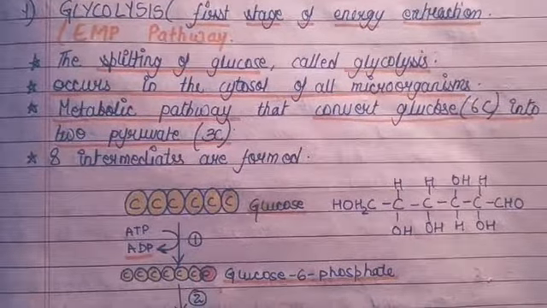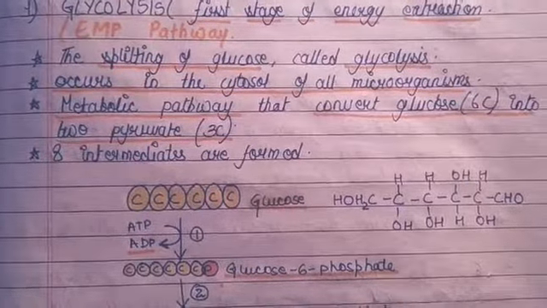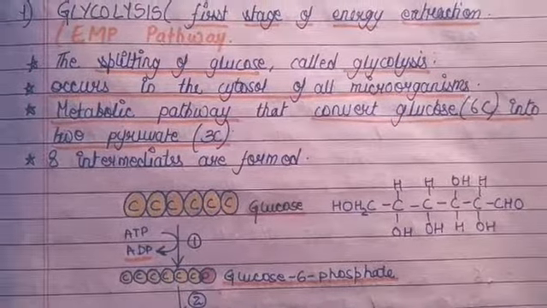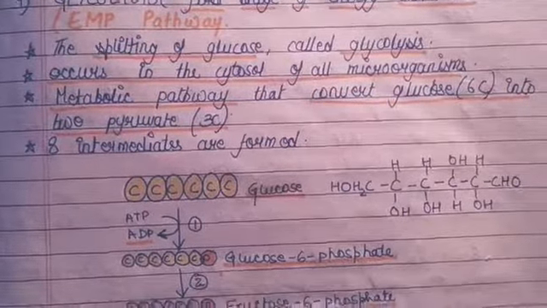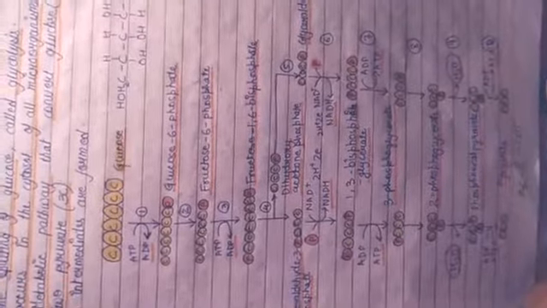It is a metabolic pathway that converts glucose, which is of 6 carbon, into 2 pyruvates, which is of 3 carbon. 8 intermediates are formed during the process of glycolysis. Here we can see the whole summary of glycolysis.